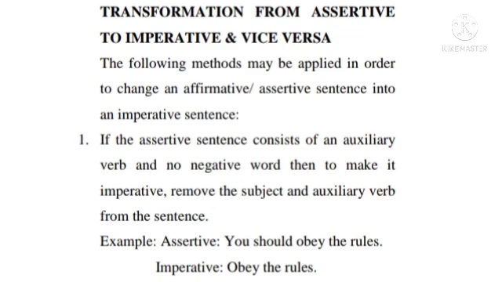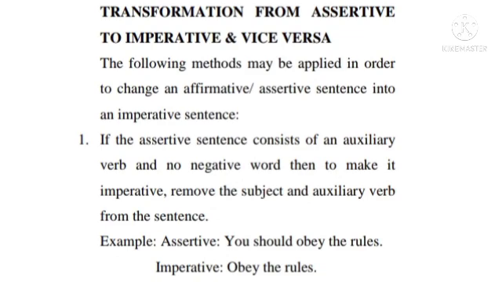In some cases, the sentence may consist of an auxiliary verb and there will not be any negative word. So, in order to make that sentence into imperative, we have to remove the subject and auxiliary verb from the sentence. Let's look at an example.